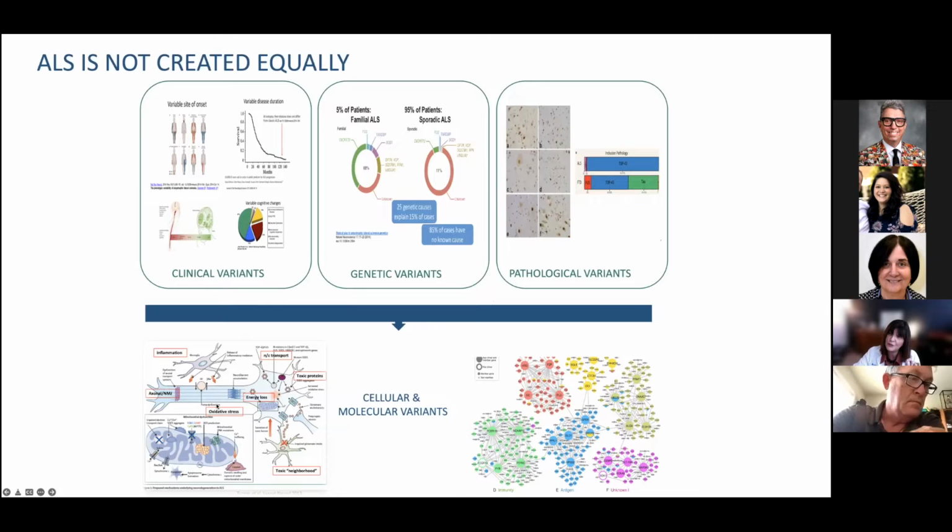Although we know that the primary target of the disease is the motor neurons, we also know that cells that surround the motor neurons in the brain and the spinal cord actively participate in the disease progression.